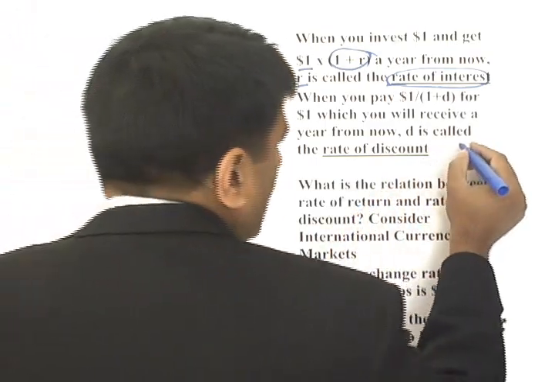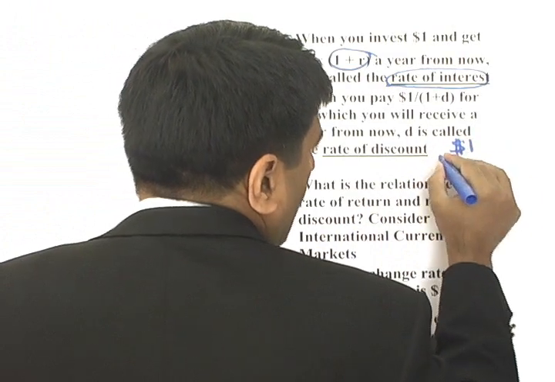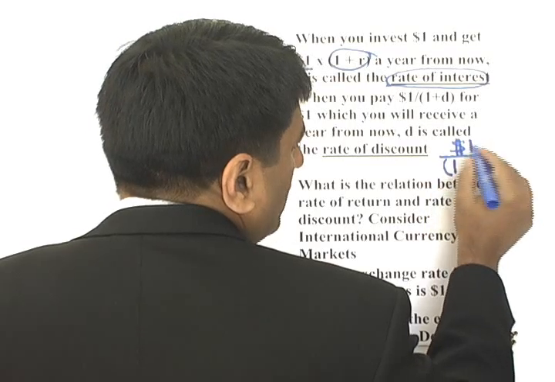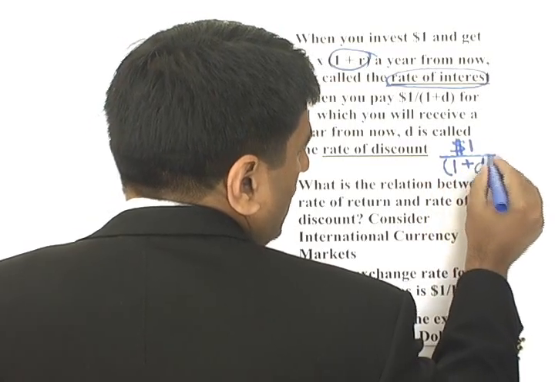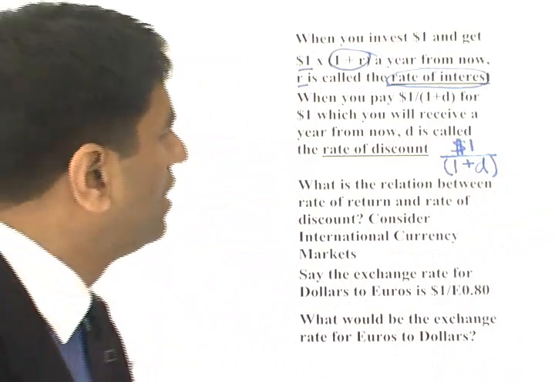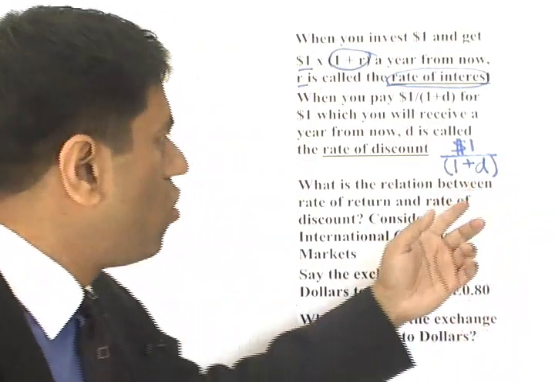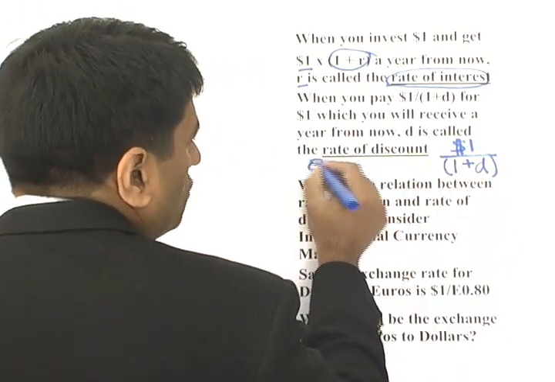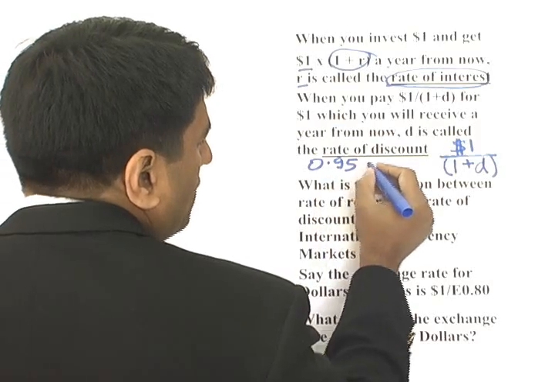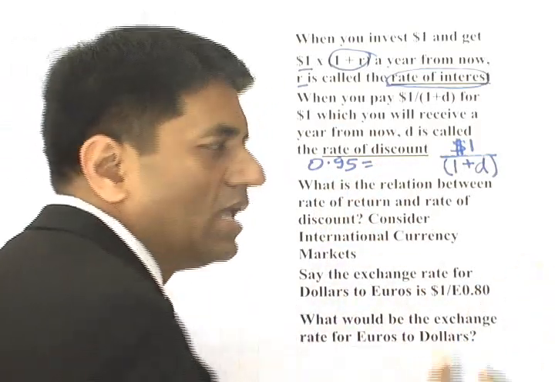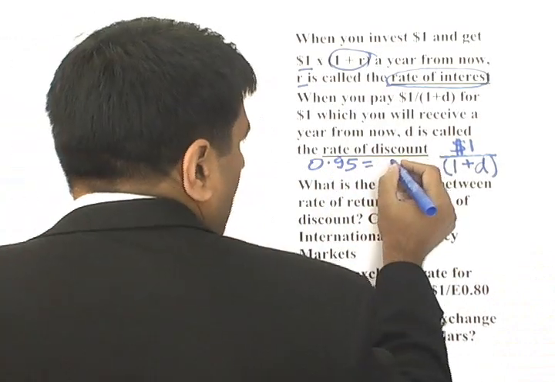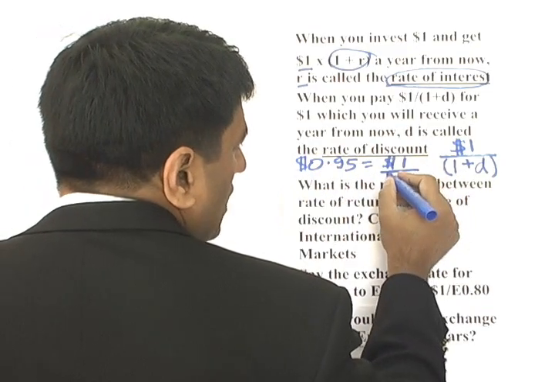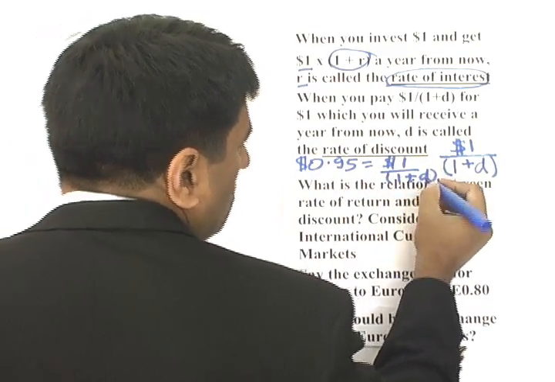So I say, okay, I'm going to get $1 back in the future, and if I have a discount rate of D, then I'm going to take this $1 and divide it by 1 plus D. So this D is going to be found by solving 95 cents, which is the present value today for me, which I'm ready to give to you, in exchange for the $1 which I'm going to receive in the future, is 1 divided by 1 plus D.